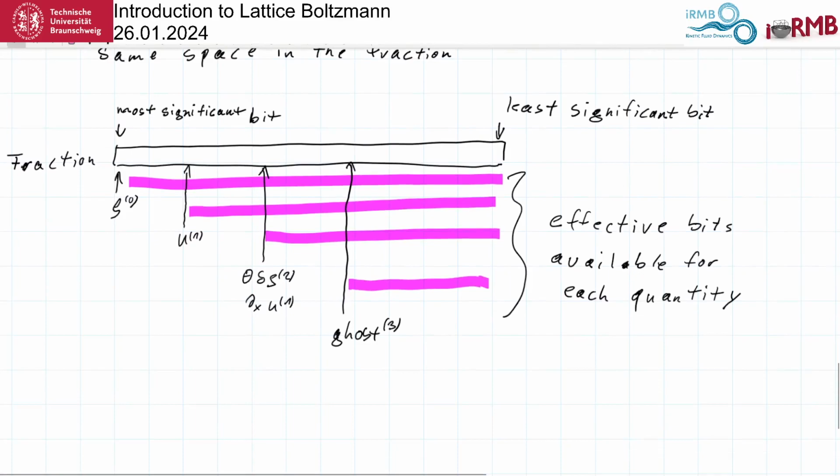Okay, let's do an example to try to understand this. So rho 0, this is always 1, right? Then we have to choose a velocity. We know that this is the CFL condition, which dictates that velocity must be smaller than 1 over square root of 3, sorry, right?